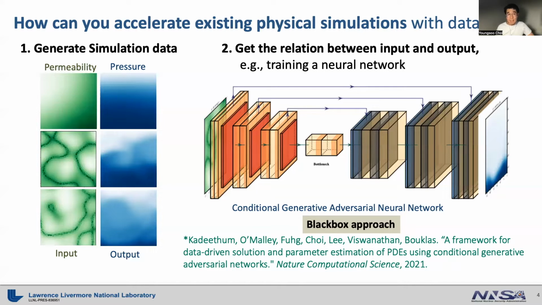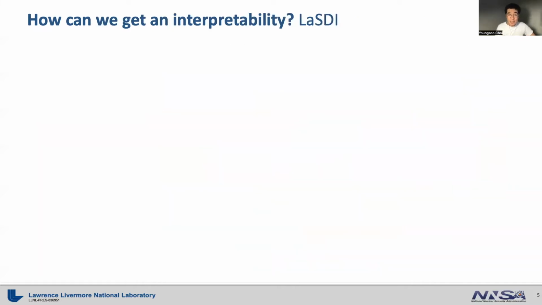In that sense, it lacks interpretability and explainability simply because this neural network structure is not familiar enough to us yet. Well, then how can we get interpretability? We have to somehow relate this data-driven model with what we are familiar with already, the things we have studied for a long time, for example, ordinary differential equations or partial differential equations.